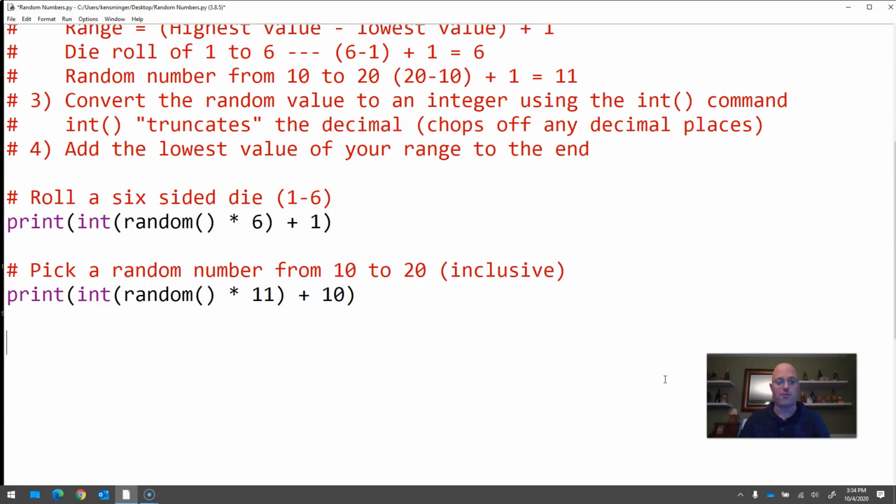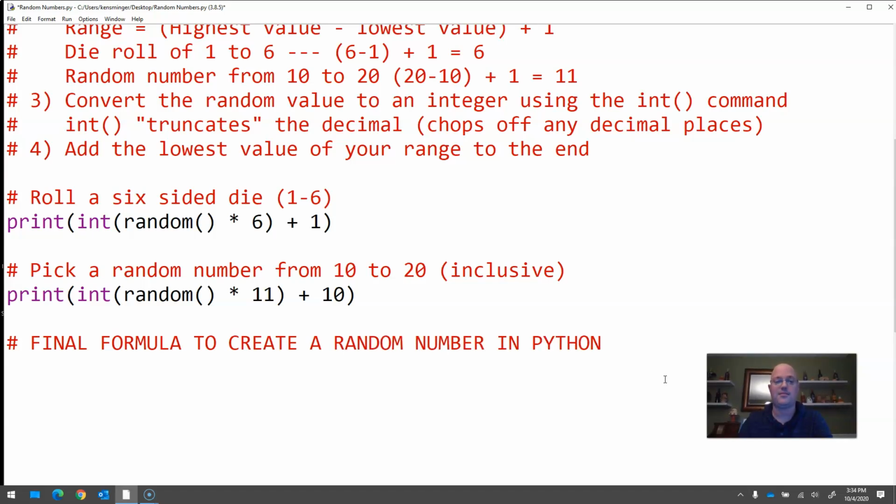So the final formula to create a random number in Python is you say int random times the range plus the lowest value. That's your formula.